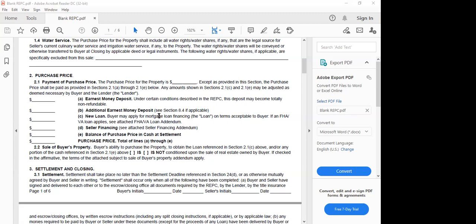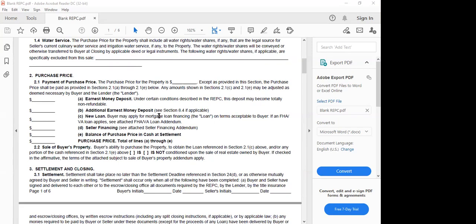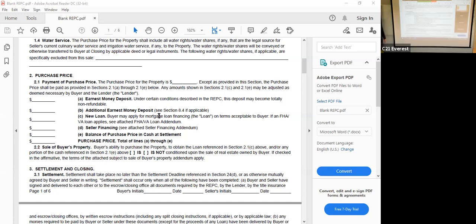It means at closing, you have to come up with $40,000. So their down payment is $40,000. The lender is going to give them 90% of the loan, so $360,000, and their down payment is going to be $40,000.